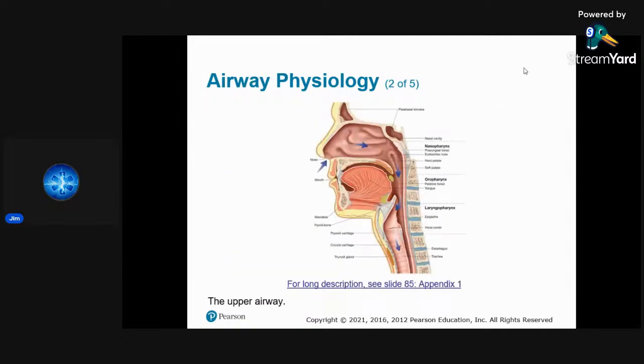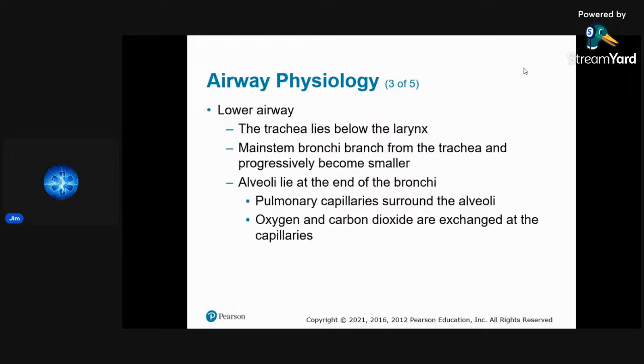Here's a nice picture showing you all of the different pharynxes and where they start and stop. Lower airway. We have the trachea that lies below the pharynx. That's our airway, or our tube where the air moves from the upper airway through the lower, right?